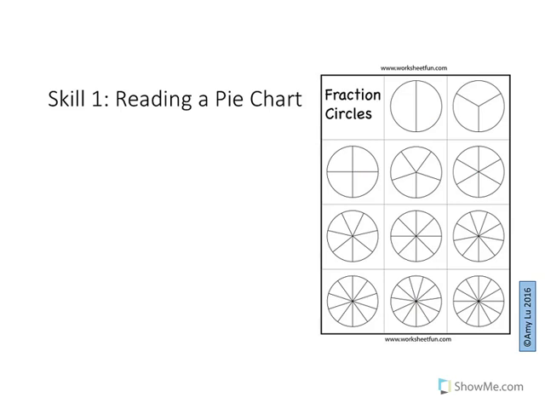So each part of the circle represents 1/2 or 50% each. On the next one, they're broken into thirds. So each part of the circle represents 33.3% or 1/3. In this one, it's broken into pieces of 1/4 or 25%.